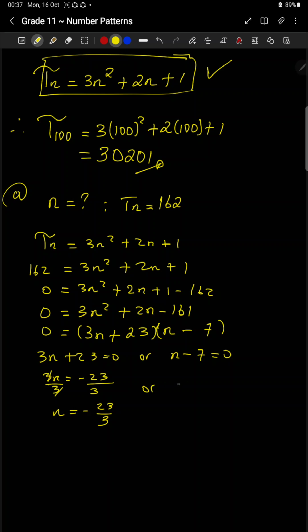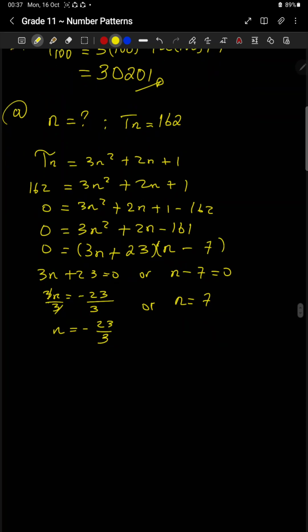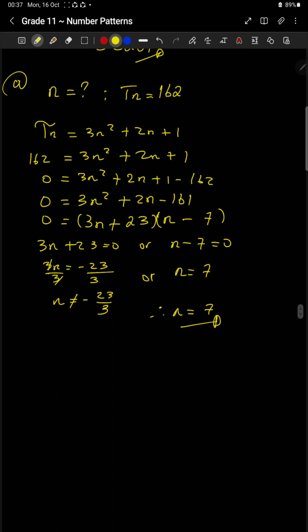On that side, it must be 7. Guys, the number of terms will never be negative, so the correct answer is n is equal to 7. We say n cannot be negative, and therefore n is equal to 7.